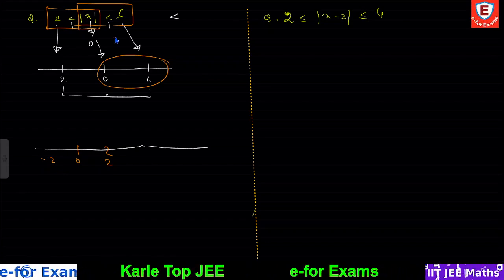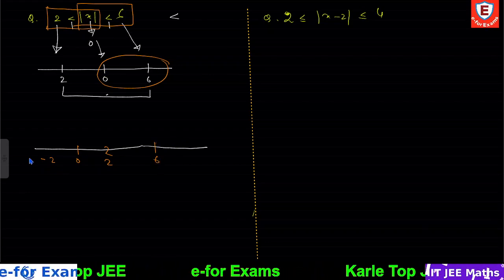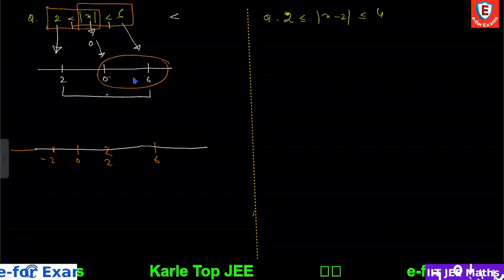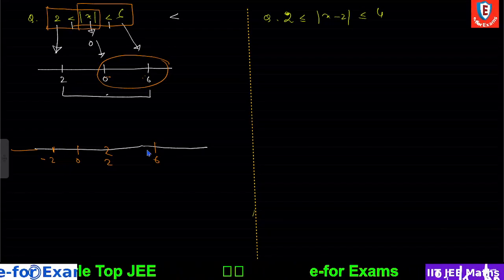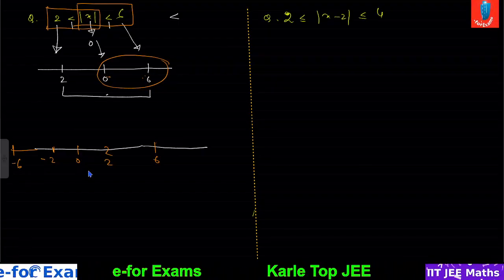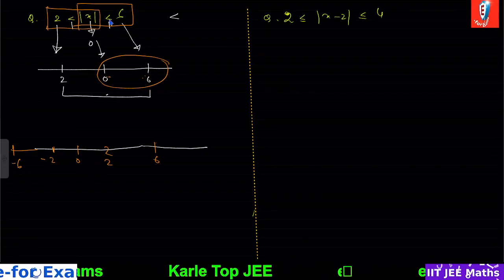And for this one, 0 plus 6 means 6, and 0 minus 6 is minus 6. This is how you will get, and it is less than, right?